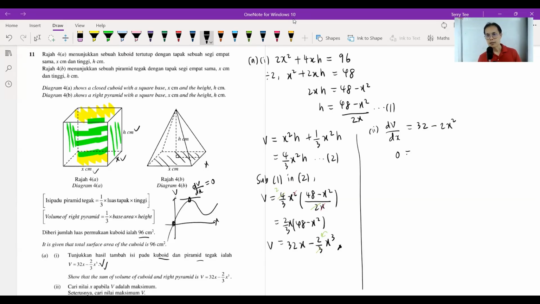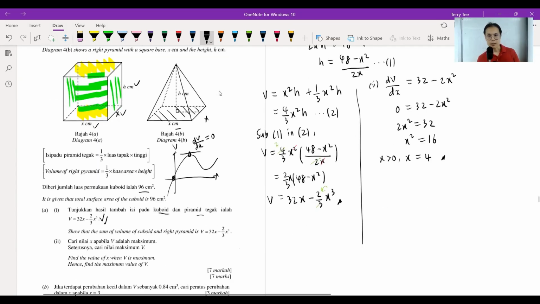So let us take this dV/dx and equate it to 0. 2x squared is 32, x squared is 16. Square root 16, we know x is more than 0, so x is 4. The length of x is just 4. No need to put cm because this is already x cm. They say find the value of x when V is maximum, that's it, I got my x value.